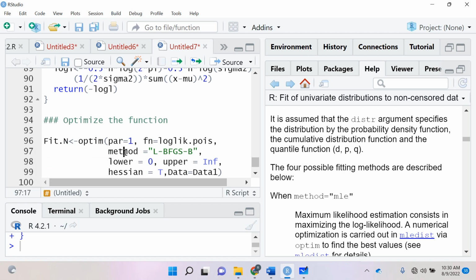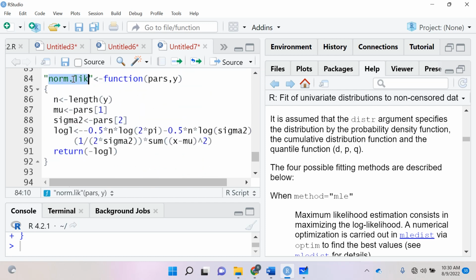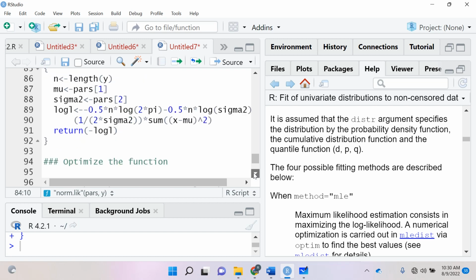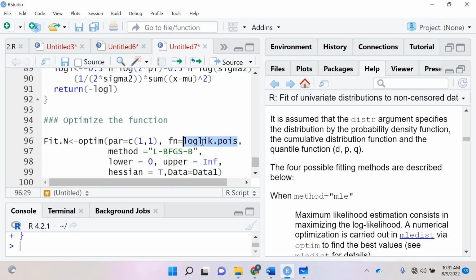Here the parameters we need are 2, so this should be a vector, right? Now the function that we are trying to optimize is not that one, but rather the norm one. Method, maybe we can use L-BFGS.